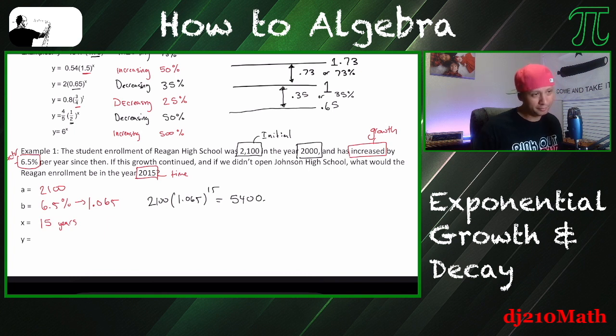Whatever it is, this number represents people, so you can't have a portion of a person. So this number will round up to 5,401. I believe it was 0.66 if I remember correctly. But again, you can't have partial people, so you always round it up. 5,401.